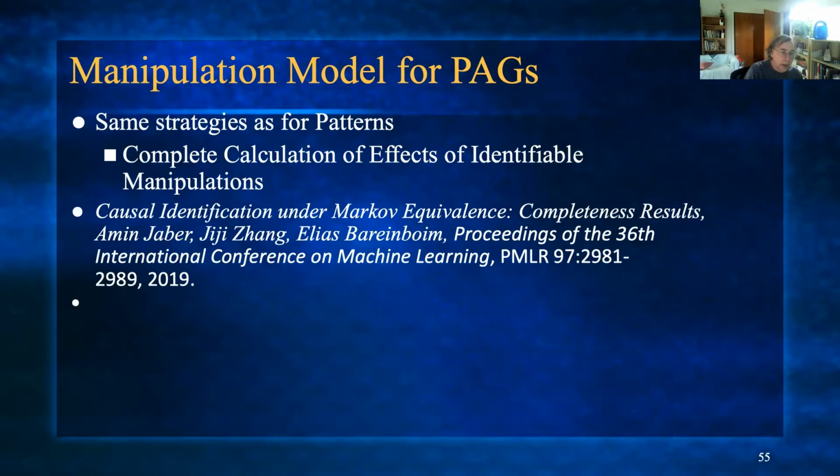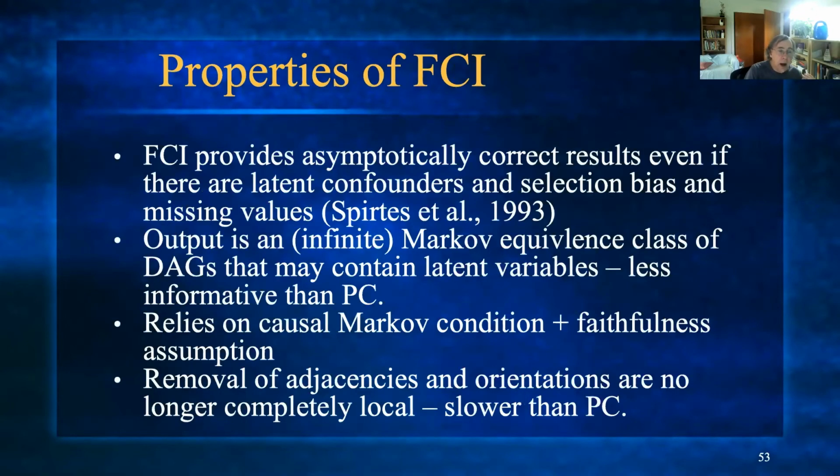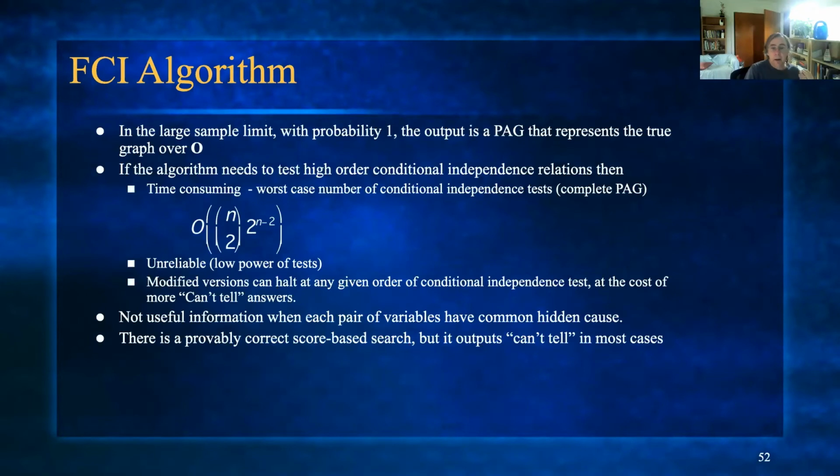That can happen quite a bit, and that's quite a limitation of the algorithm, in terms of not seeing confounding when you also have these directed paths. It'll just say it can't tell.